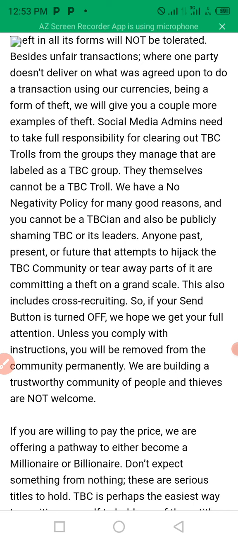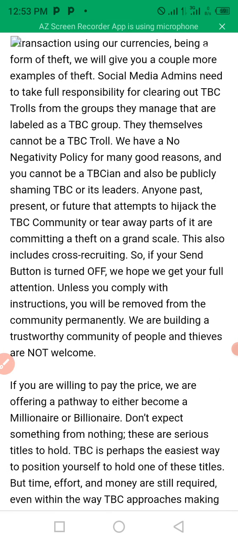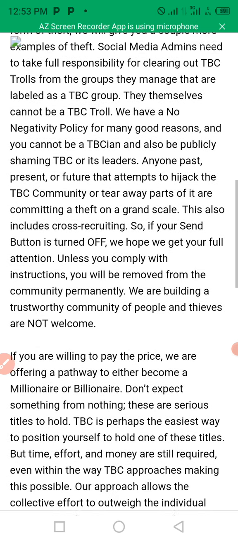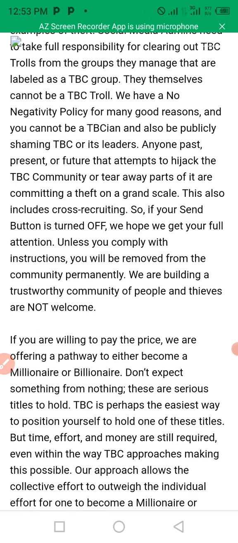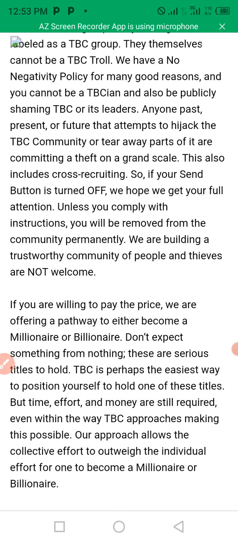We have a no negativity policy for many good reasons, and you cannot be a TBCian and also be publicly shaming TBC or its leaders. Anyone, past, present, or future, that attempts to hijack the TBC community or tears away parts of it commits a theft on a grand scale. This also includes cross recruiting.